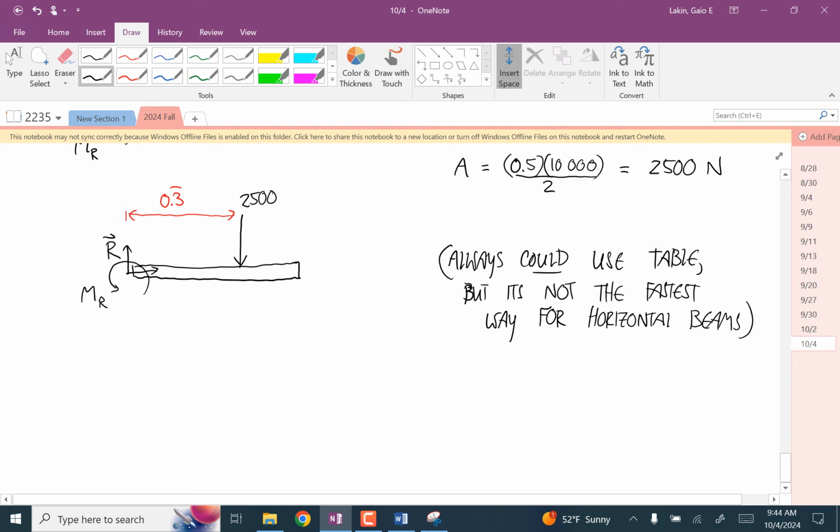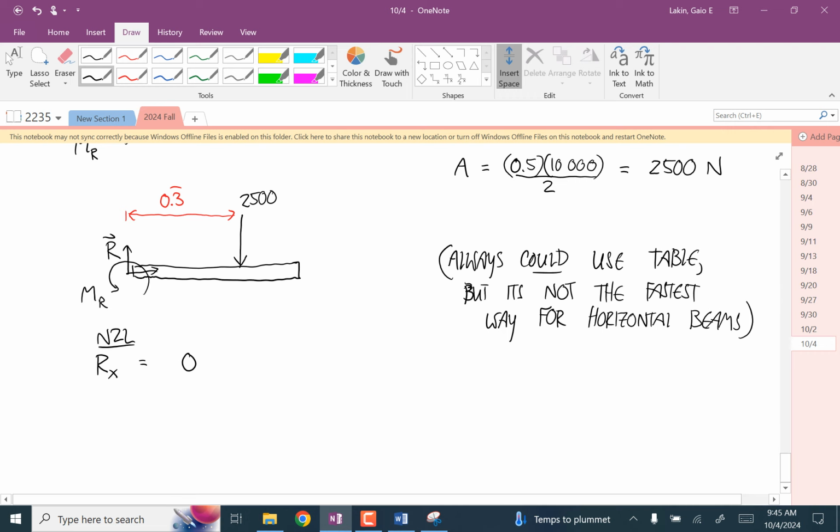Okay, so for X forces, we just have Rx is equal to 0. And actually, yeah, that's fine. But this is the X equation from Newton's second law.